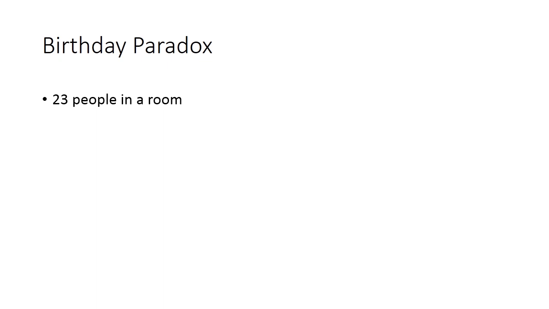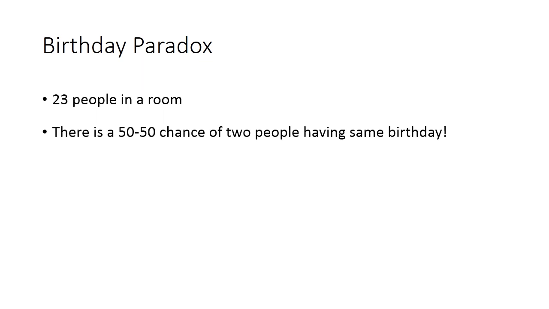If there are 23 people in a room, you could just go and ask, and this can be used as a parlor game, how many people are having a birthday on the same date? What do you think would be the correct answer? Well, mathematics says that there is a 50-50% chance that two people will be having the same birthday. I will show you the mathematics in the next slide. So in a room of 23 people, there is a 50% chance that two people will have the birthday on the same day. Not necessarily that day that you are playing this game, but any time in the year.